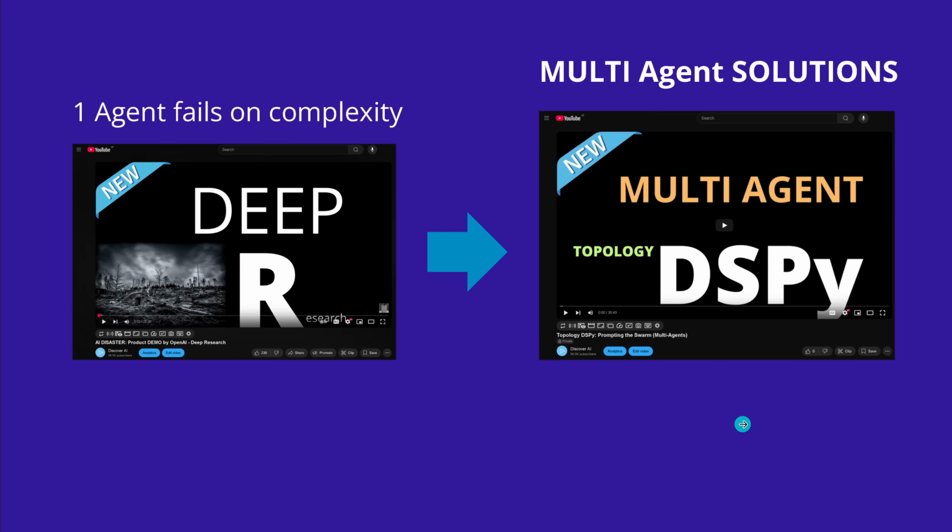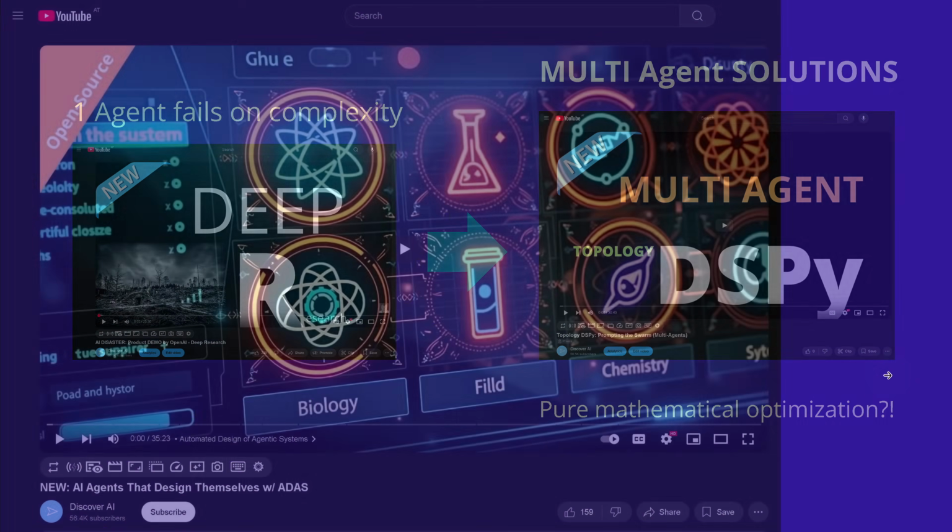We went with an automatization technology that you know, DSPy, and we extended it to a topology DSPy. So we went from a single agent to a multi-agent configuration system, and we applied the normal DSPy and the topology DSPy, and then I showed you that we can see this as a pure mathematical optimization problem.